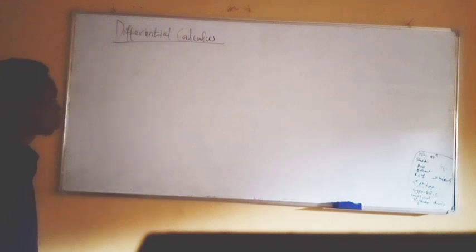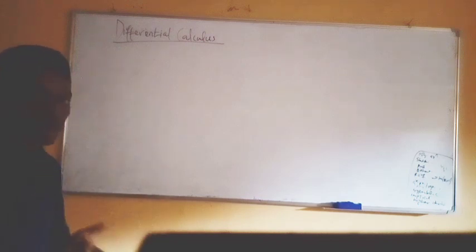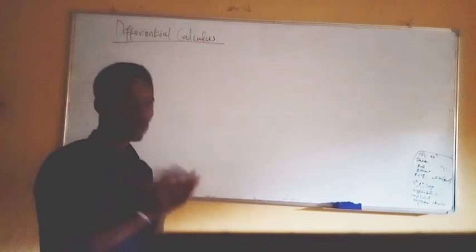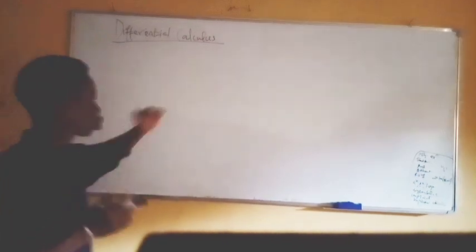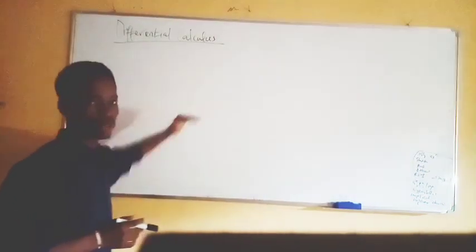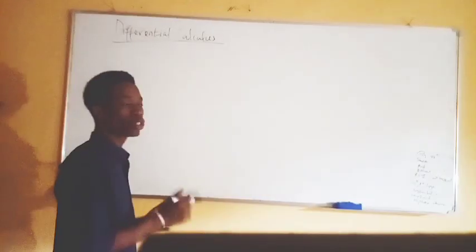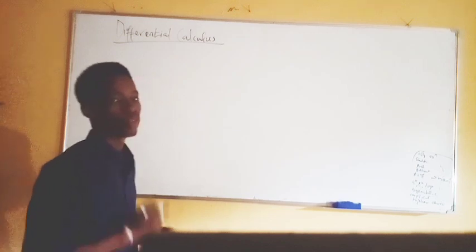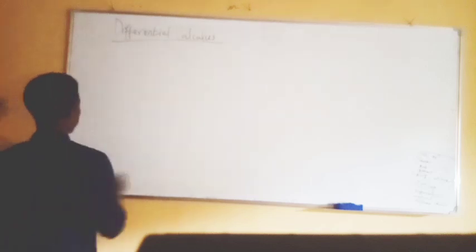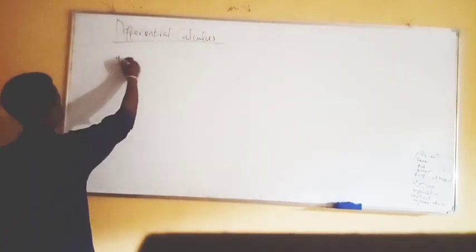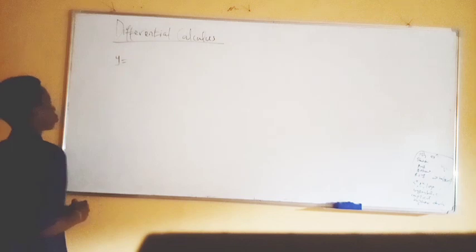Some of them appear as functions of functions, some appear as the product of two functions, some appear as a function being divided by another function. So we are going to see the different rules that apply for such kinds of functions. We start with the product rule first. For example, imagine having this kind of expression or equation.